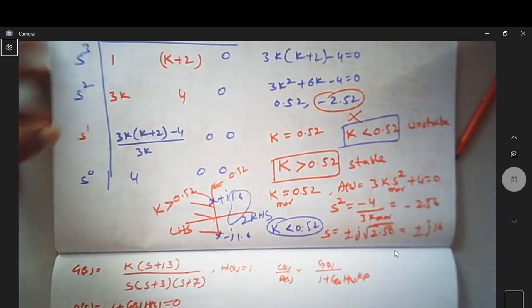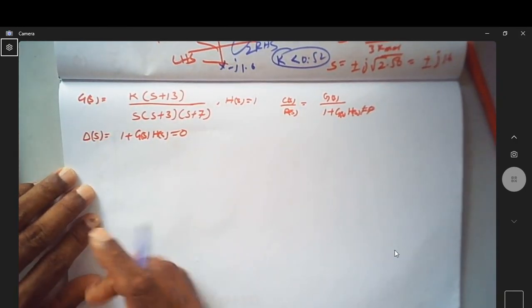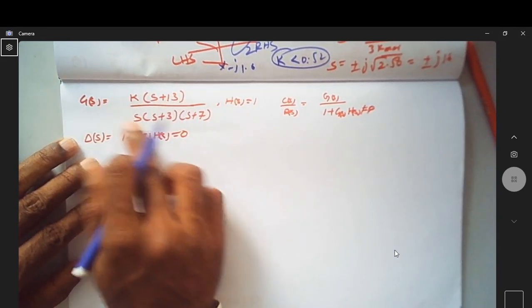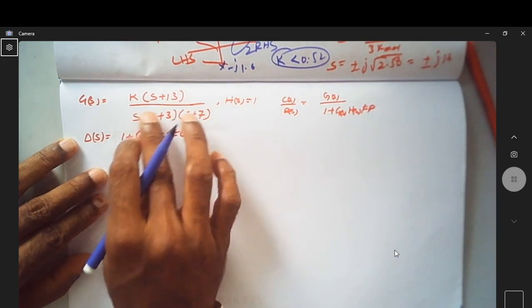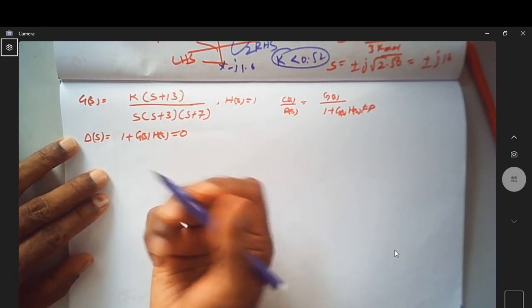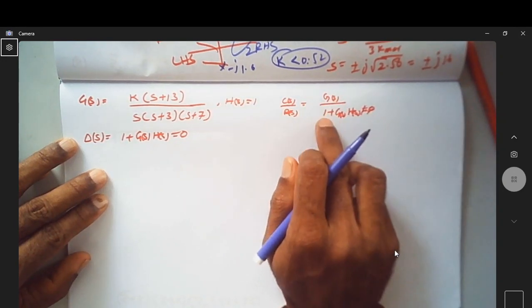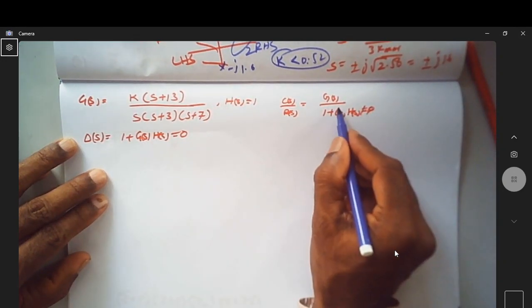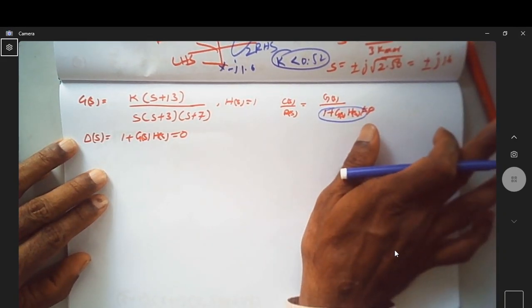So let us take this one. If you consider this, we are supposed to find out the characteristic equation from a given G(s) and H(s). So we know that C(s) by R(s) is G(s) by 1 plus G(s) into H(s). If you equate the denominator to 0, that will be my characteristic equation.